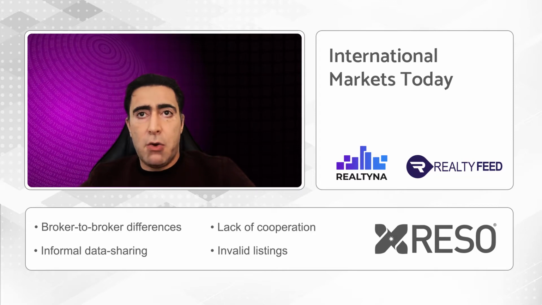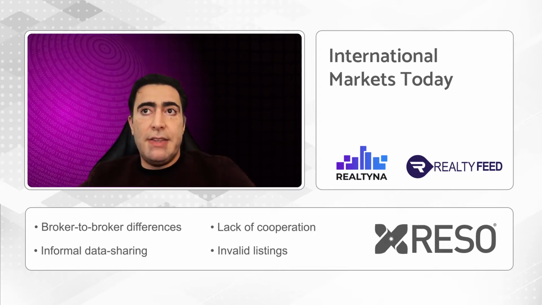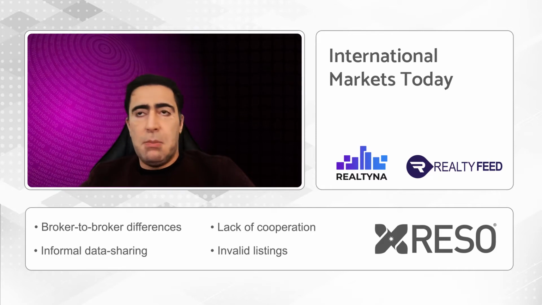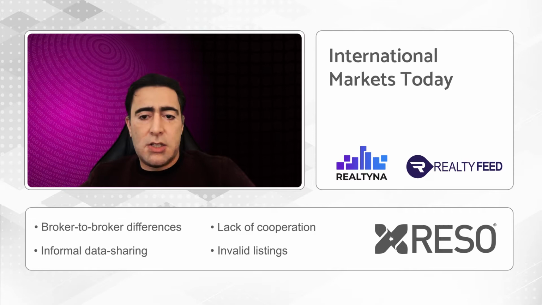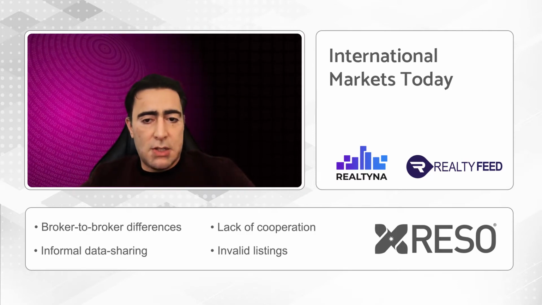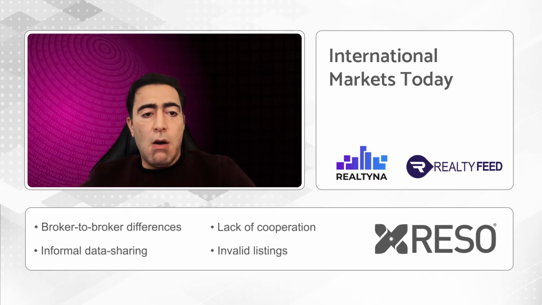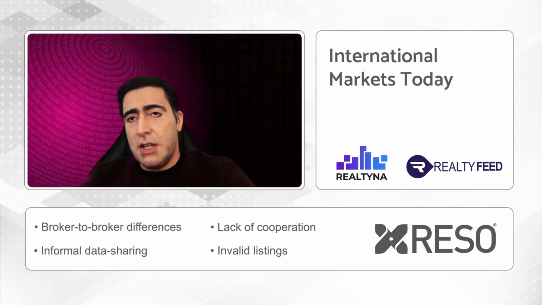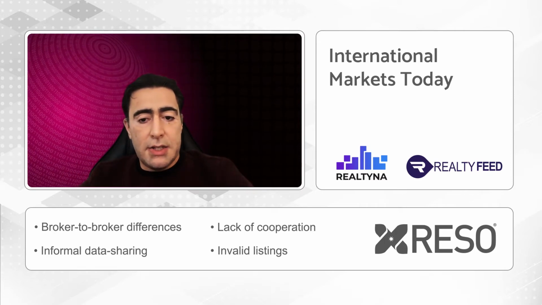They have their own website with their own format, and they even exchange the data between themselves by email or in a very non-standard XML format, totally customized to their own needs. So this is how the exchange of data works in most of the countries except the US and Canada.